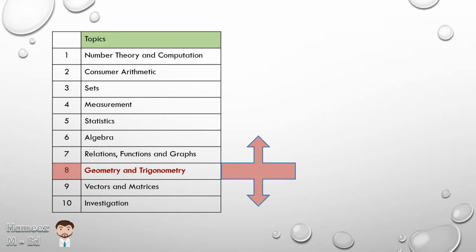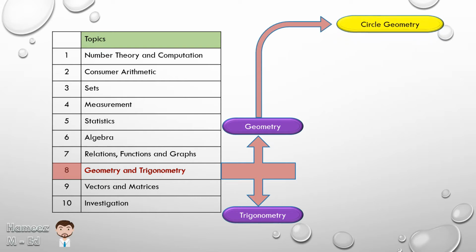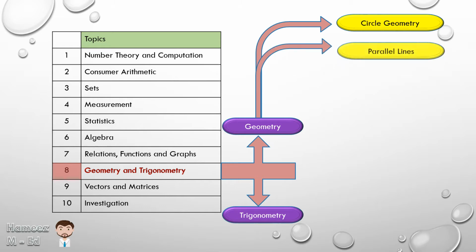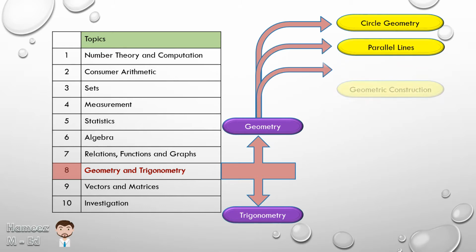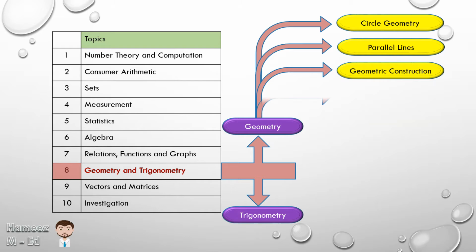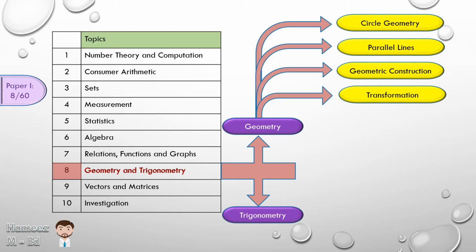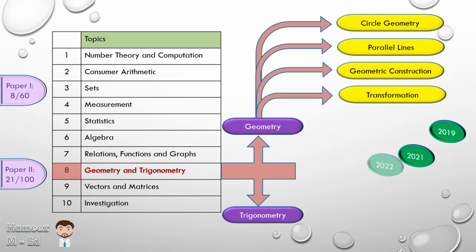This topic can be split into Geometry or Trigonometry, and Geometry itself can be subdivided further into 4 parts: Circle Geometry, Parallel Lines or Unknown Angles, Geometric Construction, and Transformation, which is what this video is about. This topic number 8 is tested for 8 questions out of the 60 in paper 1 multiple choice and for 21 marks out of the 100 in paper 2.